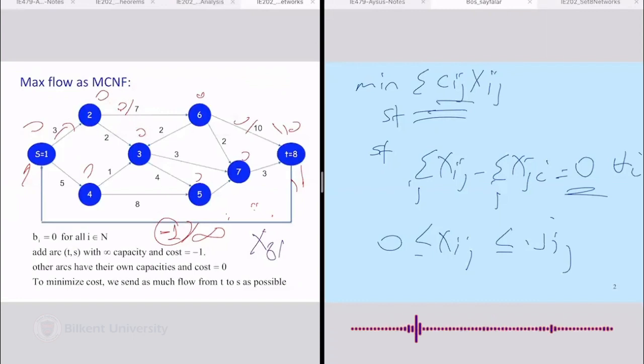In order to increase x61, I do have flow balance: anything coming into 1 should leave, anything getting out from 8 should enter. So my flow balance will actually ensure that I'm sending the largest possible value from S to T. It's flow balance together with my objective function optimization.